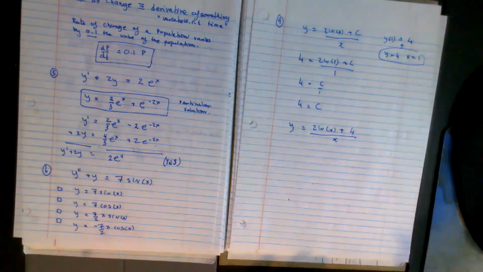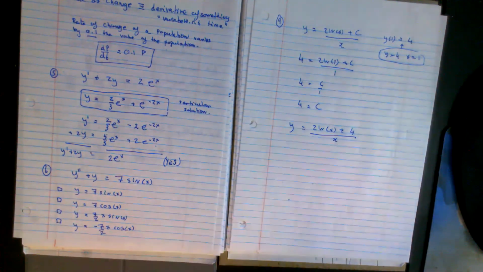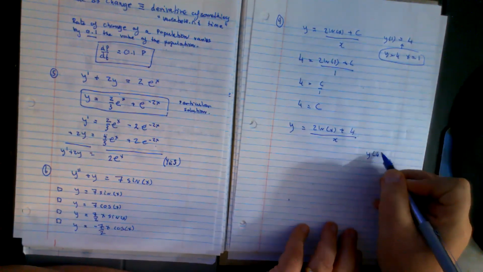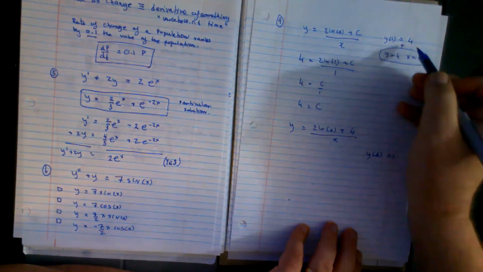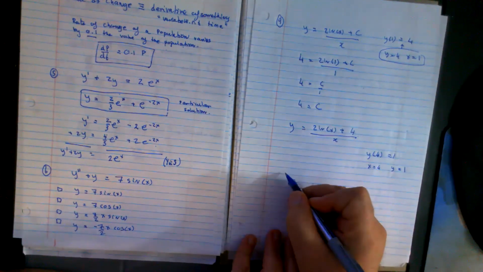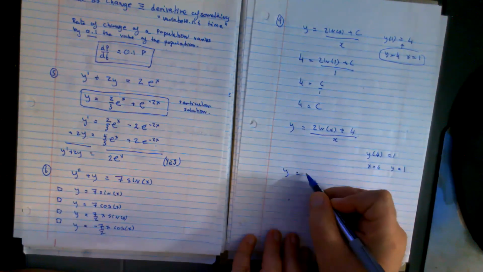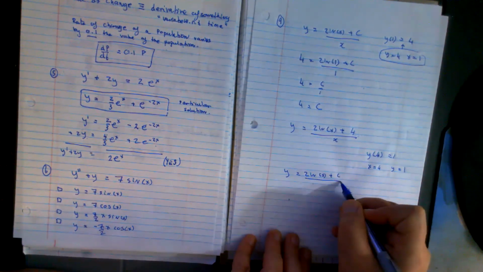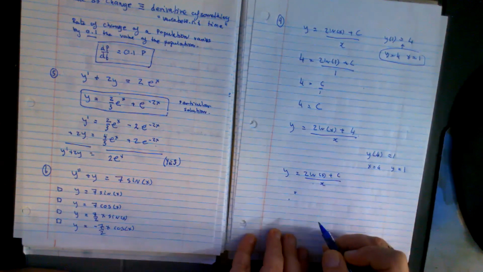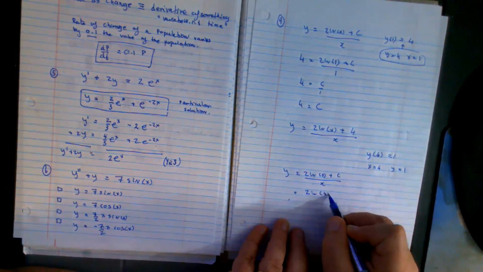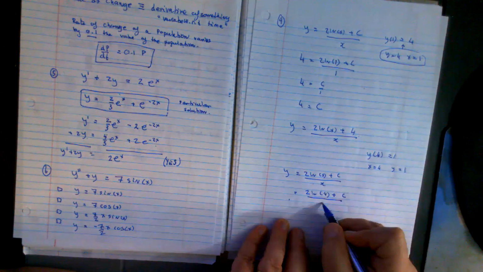And if you have a slightly different condition, that y of 4 equals 1, so you see kind of swap places here, that means when x is 4, y is 1. What does that look like? Well, 2 log x plus c over x becomes 2 log 4 plus c over 4 equals 1.